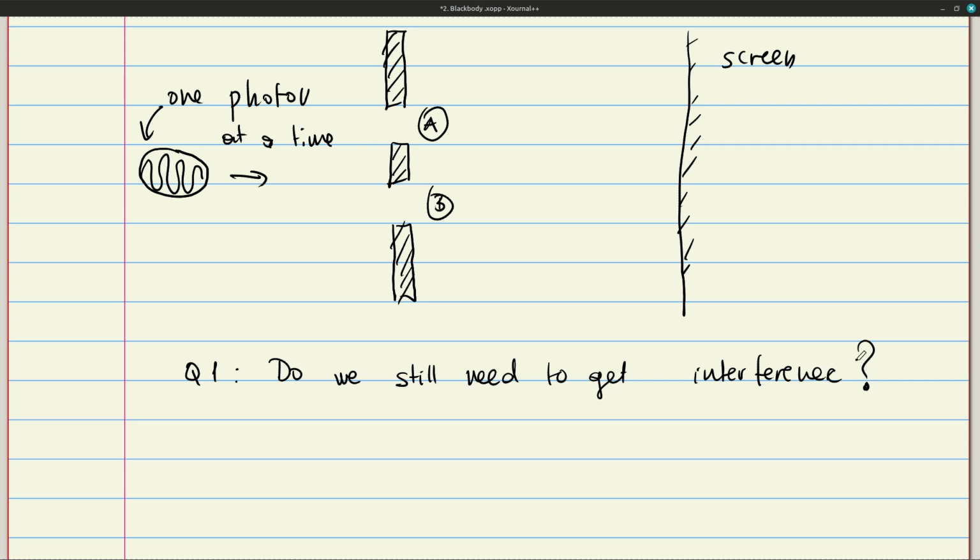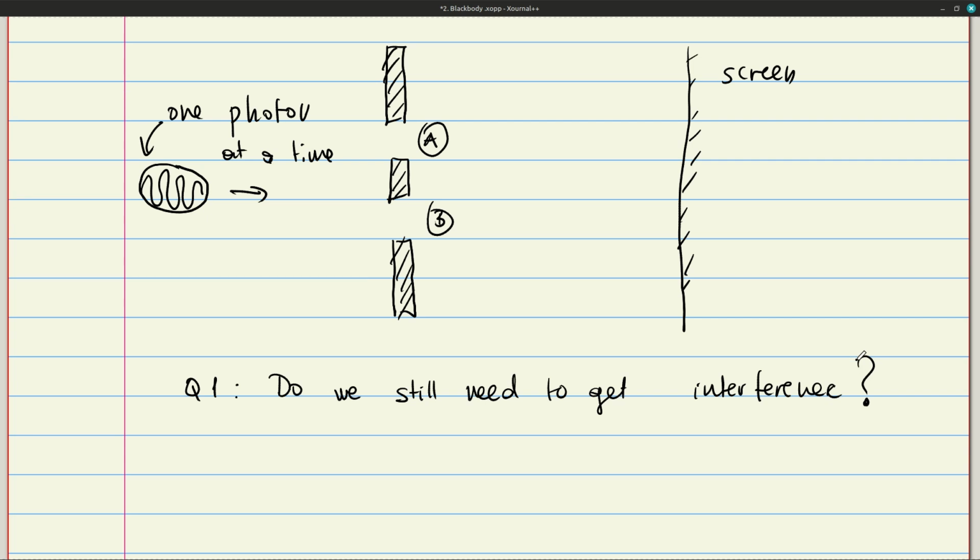Anybody want to have any comments on that? If I send one photon at a time, typically interference is light coming from here, and they combine here, right? But if I send only one light, this goes through here or here. Where is the other to combine and create the interference? So this is one question.